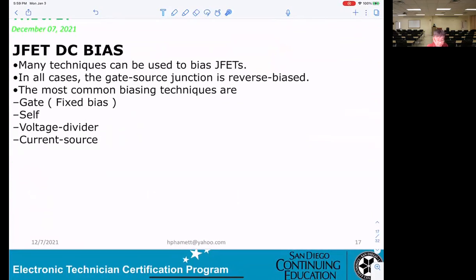Okay. And now we're talking about DC bias. I will just quickly go through that. If you get a question, let me know. You can get a fixed bias, or gate bias, self bias, and voltage divider bias. Okay, we don't care much about current source bias.